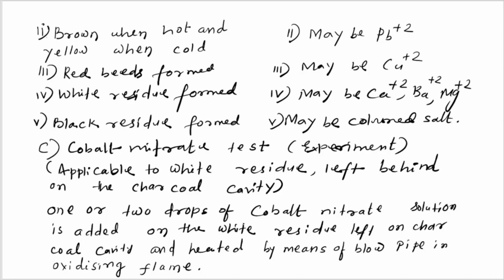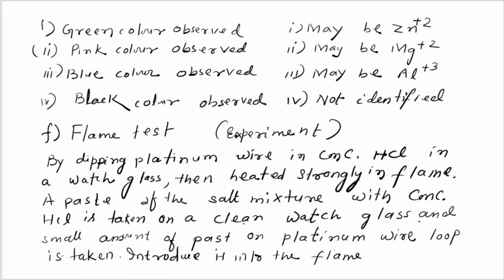Add cobalt nitrate drop by drop, 2 drops minimum, and heat continuously in the oxidizing flame. That means on the charcoal cavity, after forming the residue, one adds 2 drops of cobalt nitrate solution and heats strongly by the blowpipe in the oxidizing flame. And after that, you observe the result of the test.